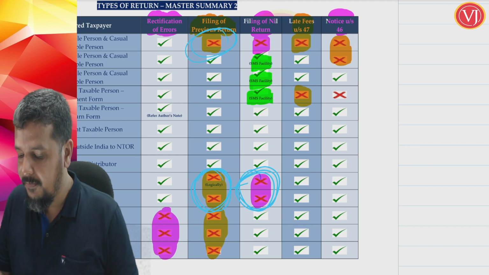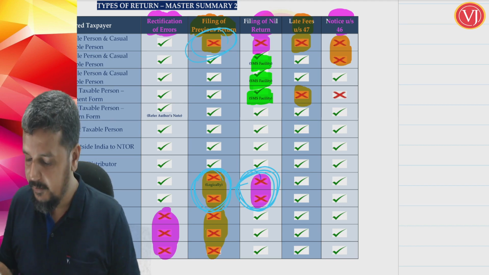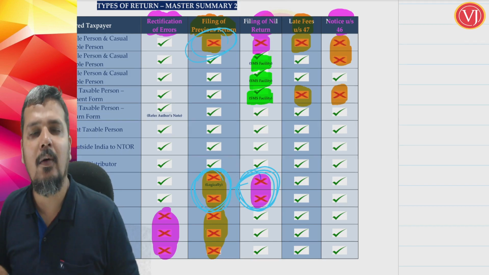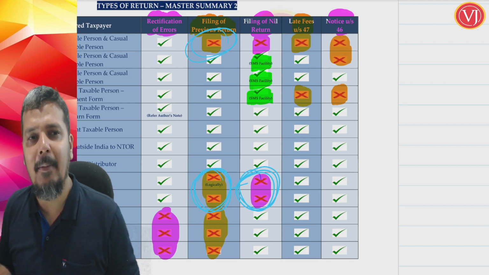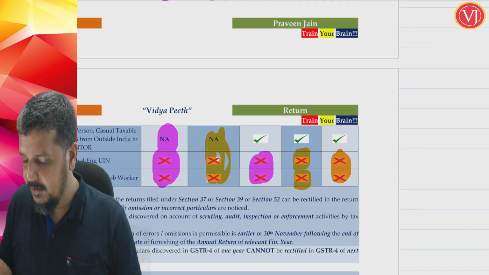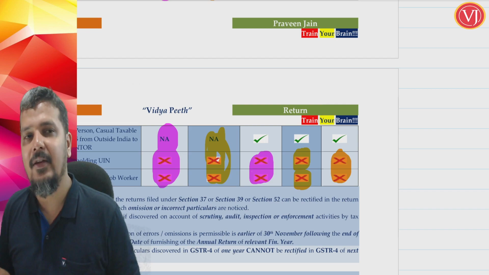So if you are not filing your IFF or GSTR 1, you will not get any notice. If you are not filing CMP 08, you will not get a notice because CMP 08 is not about return. Basically, it is a payment form. And if you are not filing GSTR 11 or ITC 04, even then you will not get notice.